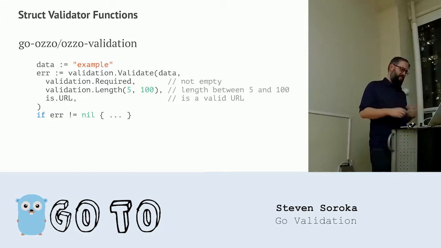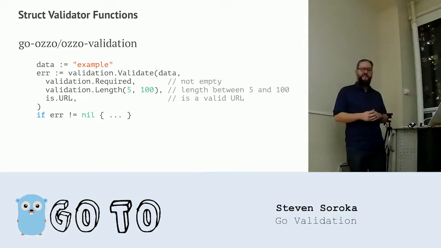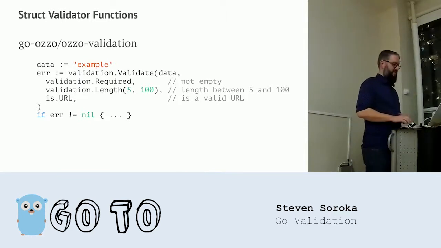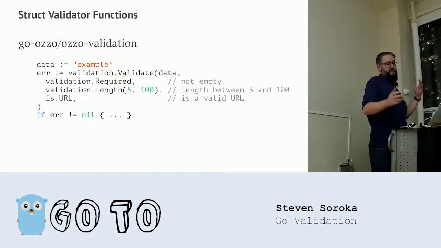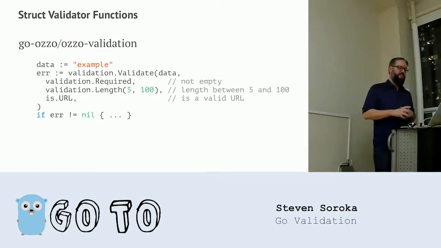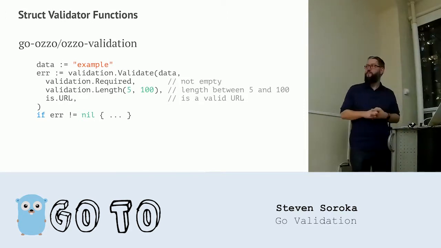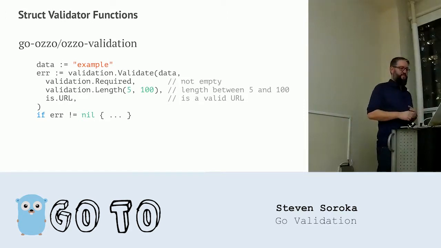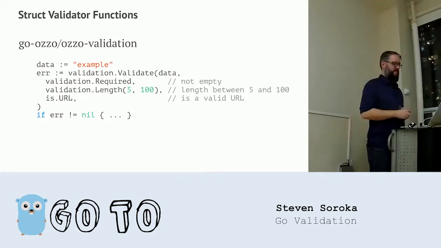It validates the string. Can validate that the field's required, that it has a length between these arguments, maybe that it's a URL. Obviously that one's going to fail. This is nice because you can discover functions really easily. I mean, you can go to validation dot, hit your code completion, and it'll give you a list of all the functions that you can add. It's type safe.